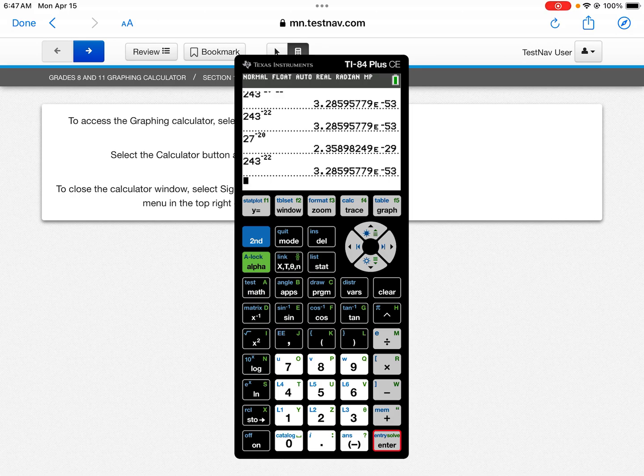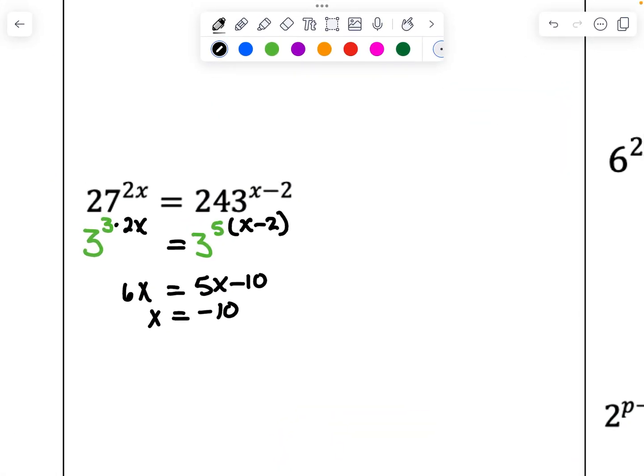Huh, okay, so why didn't that work? That should have worked. So what was I checking?